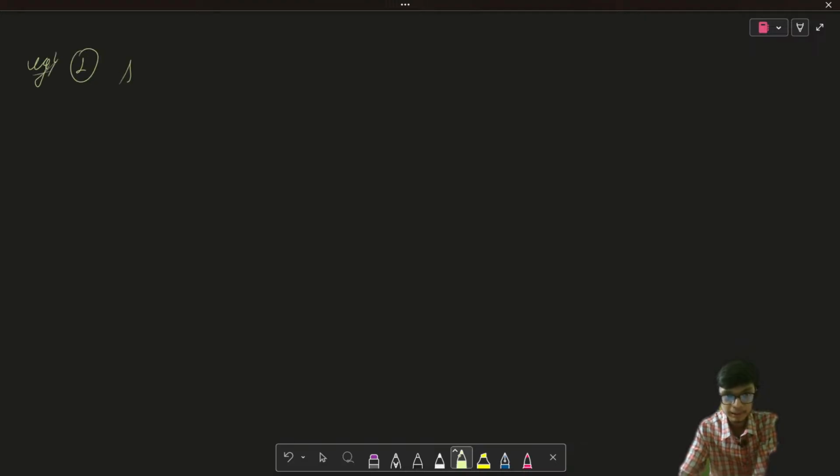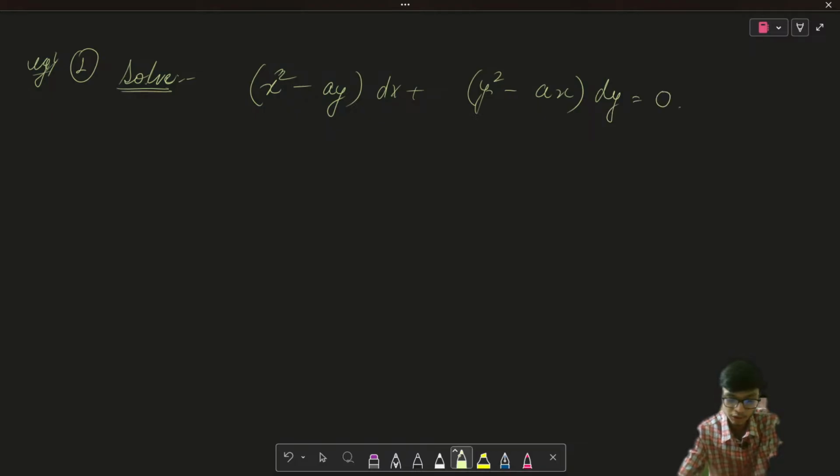The first example is where you have to solve the given differential equation (x square minus ay) dx plus (y square minus ax) dy is equal to 0. Alright, so this is the differential equation we have over here.